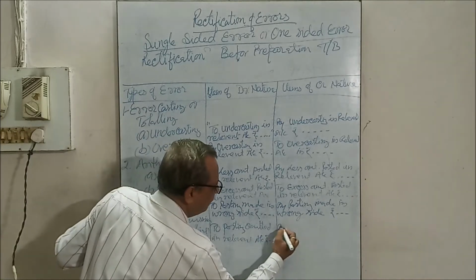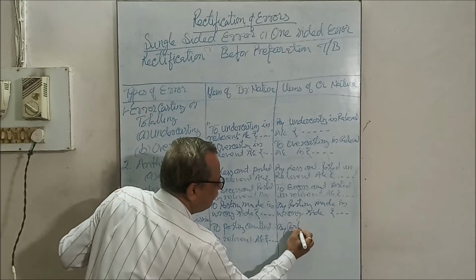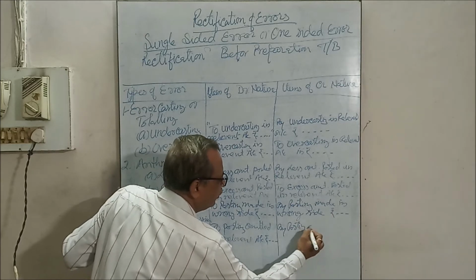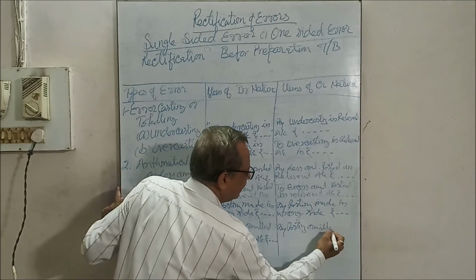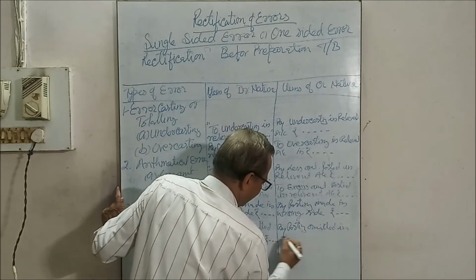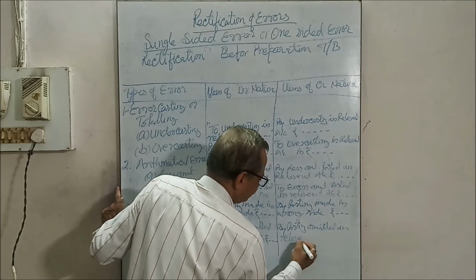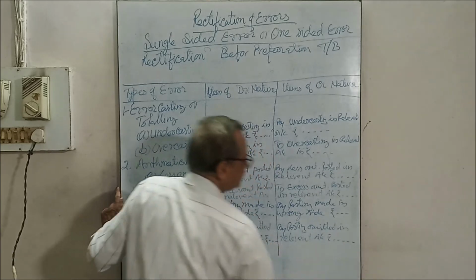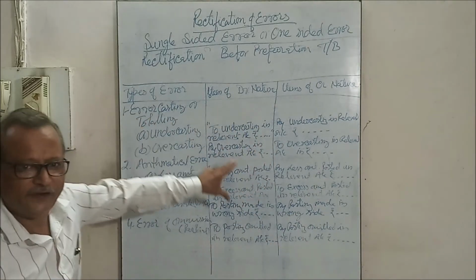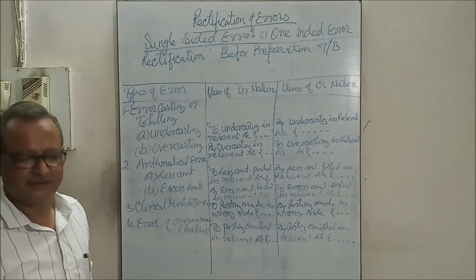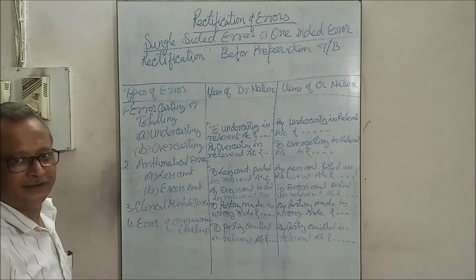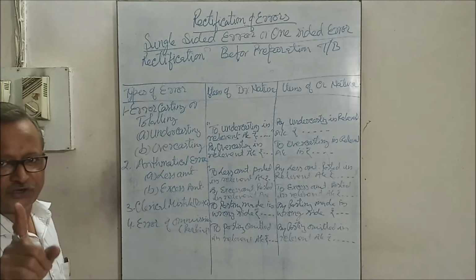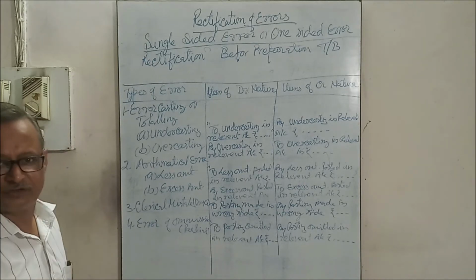In this case, by posting omitted in relevant account. This is the way of rectifying the single-sided error before preparation of trial balance.